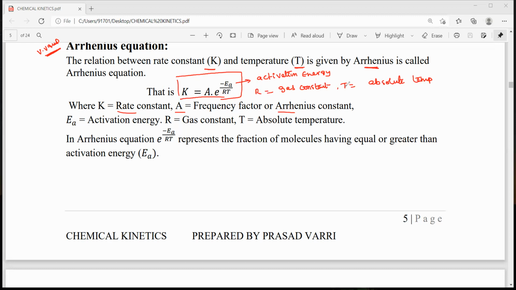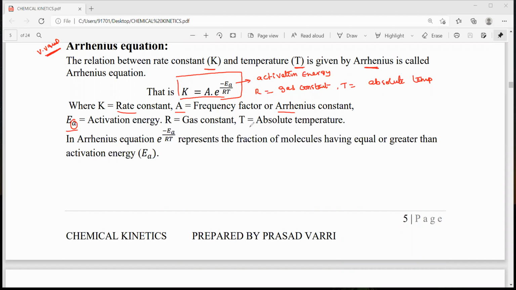So the Arrhenius equation: K is equal to A into e to the power of minus Ea by RT. K is the rate constant, A is the frequency factor or Arrhenius factor, and Ea, capital E and small a, is the symbol for activation energy.